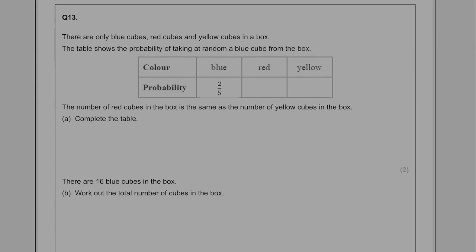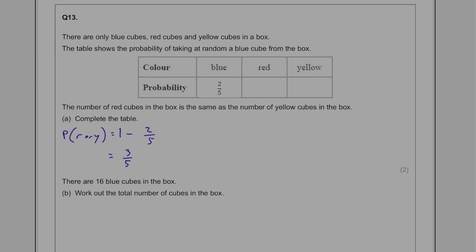Right, question 13. There are only blue cubes, red cubes and yellow cubes in a box. The table shows the probability of taking at random a blue cube from the box, 2/5. The number of red cubes in the box is the same as the number of yellow cubes in the box, so these would be equal. Complete the table. So the first thing I'm going to say is the probability of red or yellow is going to be 1 minus the 2/5, so that's going to be 3/5.